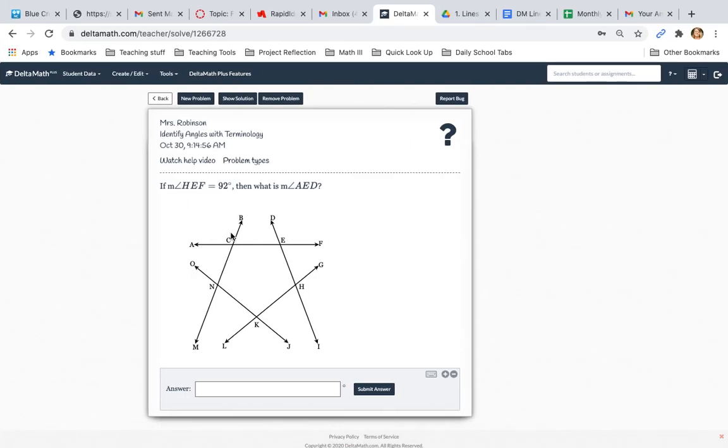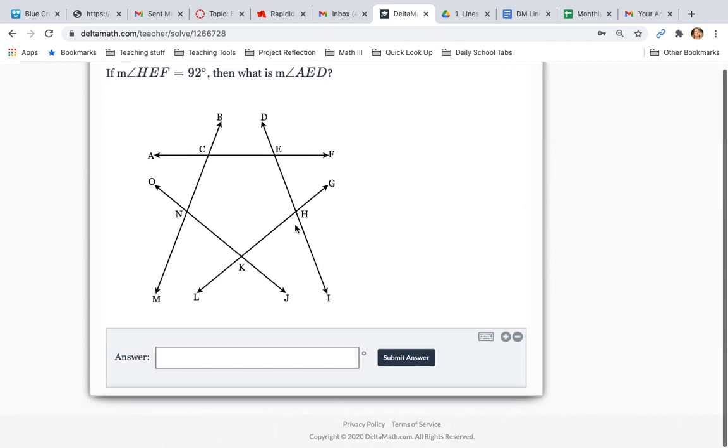So it says that HEF, so we got to locate that angle. HEF is 92. And this is where your paper gets, if you're able to print it, it can be helpful if you need it. So H is here, E is up here, and F is here. So notice this is an acute angle.